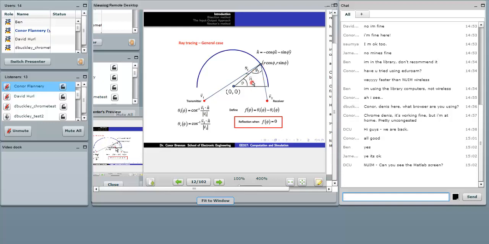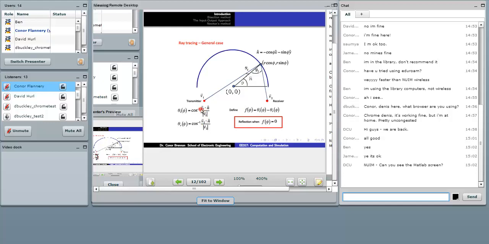This is supposed to denote the normal, n hat. And so V2 divided by its magnitude dotted with n hat gives us the cosine of the angle between them. We take the inverse cosine of that to get the angle. So this is a way of getting theta I, and it's a way of getting theta R. Once we do that, we can take one away from the other. That gives us f.